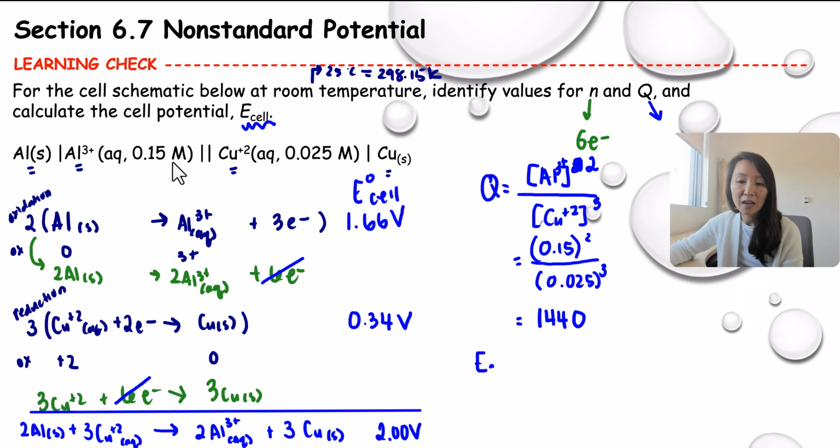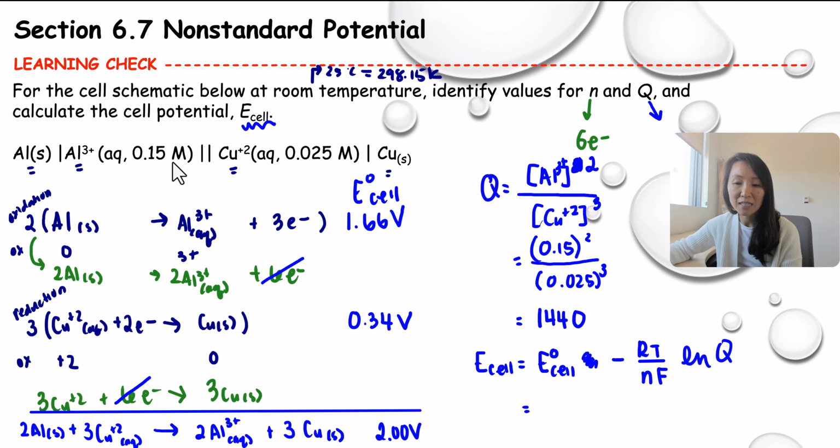Let's put this all together to find, lastly, the E cell. E cell at non-standard state is the standard cell potential, not plus, but minus, the gas constant R times T over nF times ln of Q. So we're going to plug everything in together.